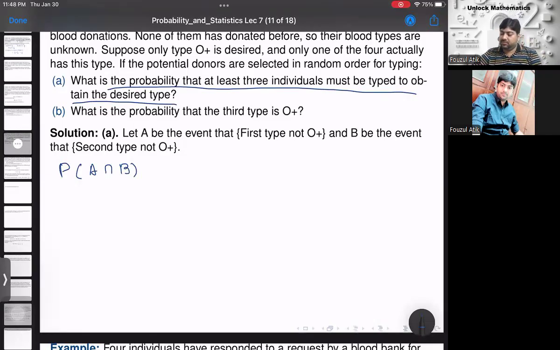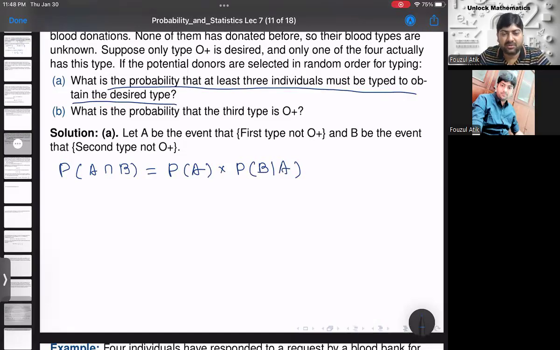Okay, now we know some formula for it. By the multiplication rule, it is equal to the probability of A times the probability of B given A. Correct? Now think: what is the probability of the event A? It is the case that the first type should not be O positive. Now we have four individuals.